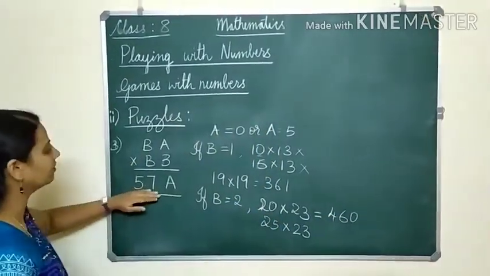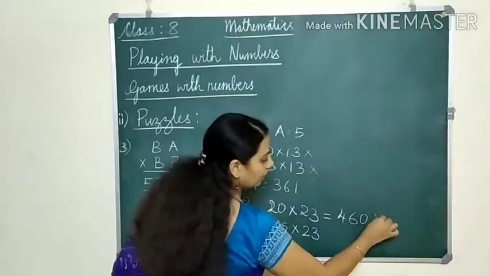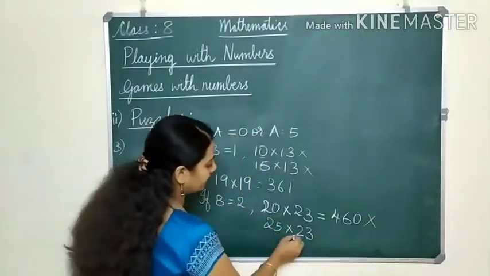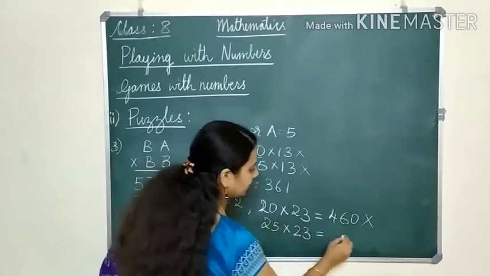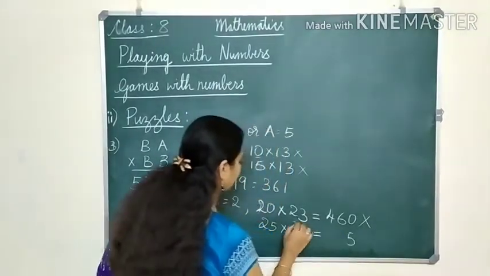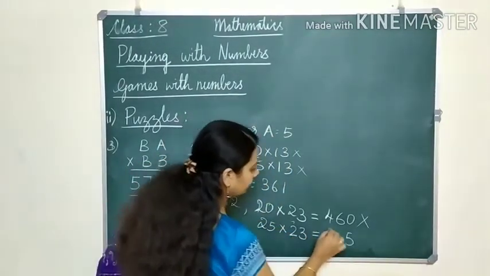So this is not matching with this answer, so this is wrong. Now we will consider this. 25 3s are 75, 7 carry, 25 2s are 50, 57.